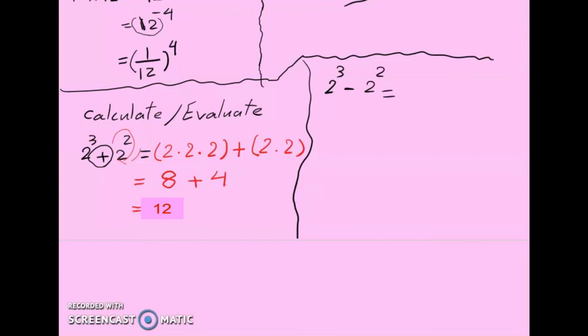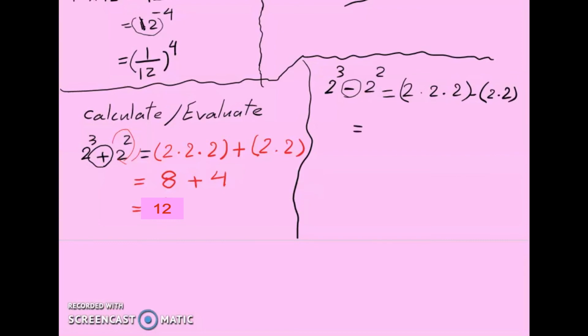Again the same, because this is subtraction, we do not have any formula. You have to raise each element to its own exponent. So 2 to the 3 would be again 2 times 2 times 2, and then subtract 2 to the 2, which means 2 times 2 twice.